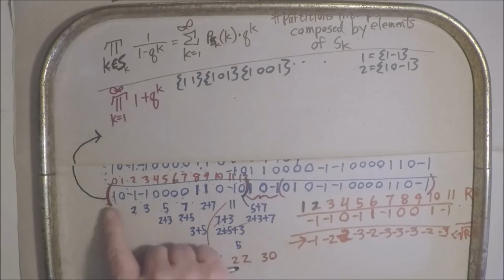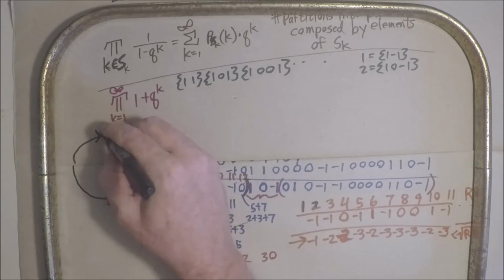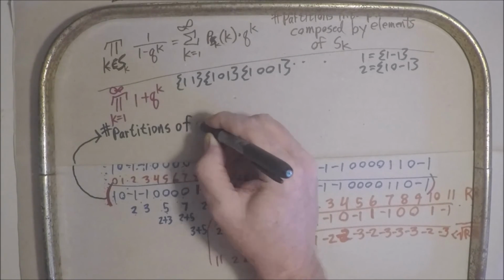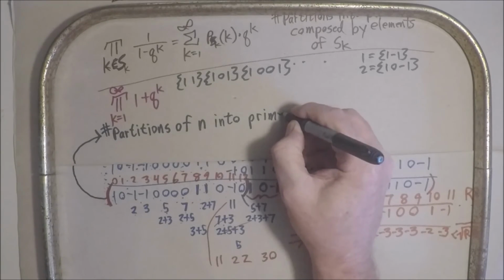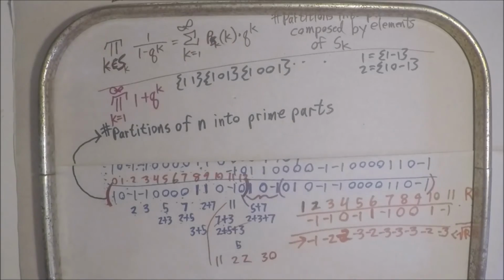Applying what we know, we can take the inverse of this and get the number of partitions of n into prime parts. So let's do that.